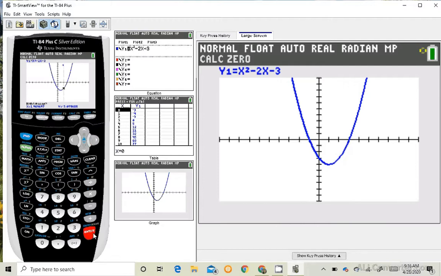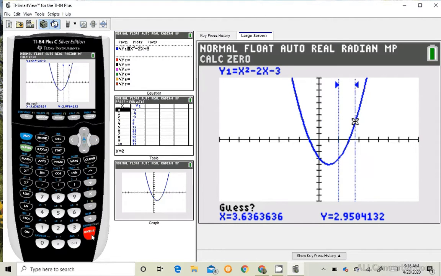Hit enter. And then it wants the right bound, so I'm just going to go on the right side of it, or above that 0, hit enter, and then enter again when it asks me to guess. And I can see clearly then my second 0 for this quadratic graph is x equals 3.